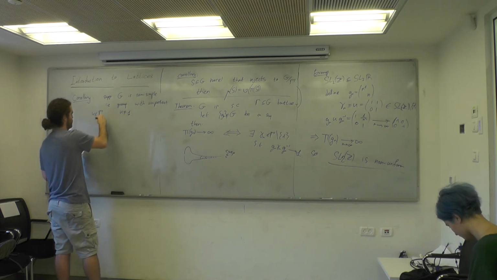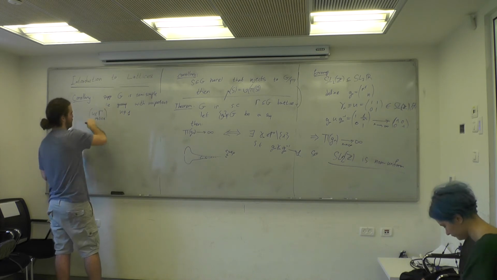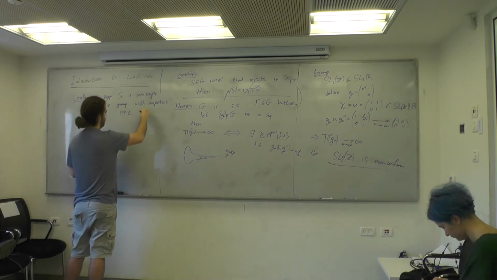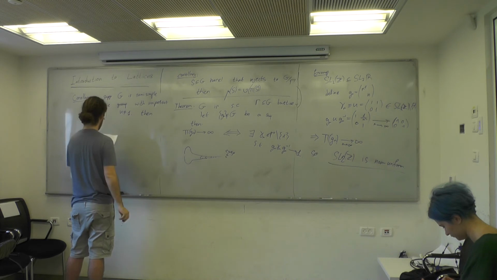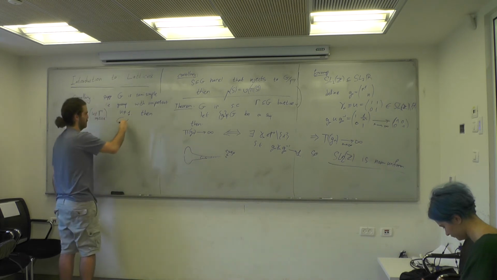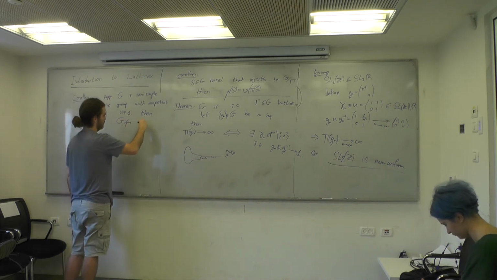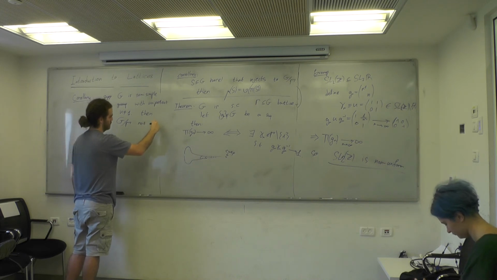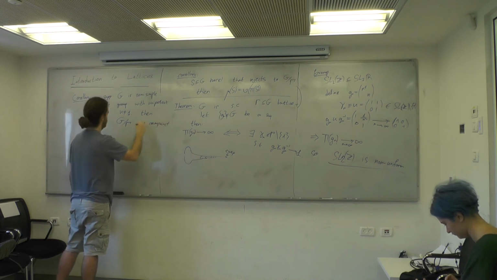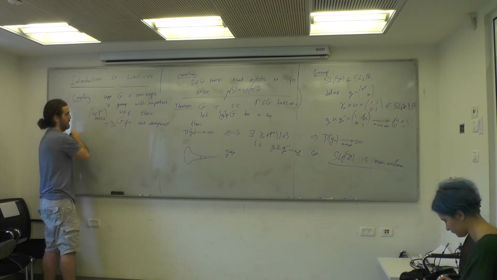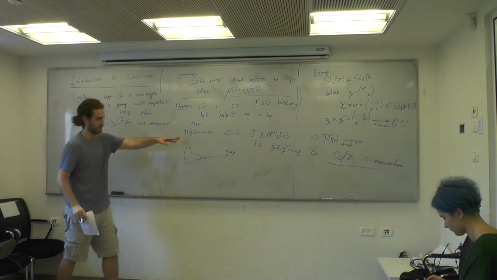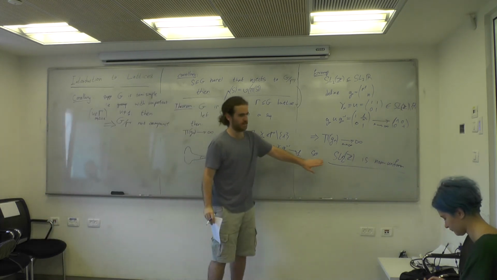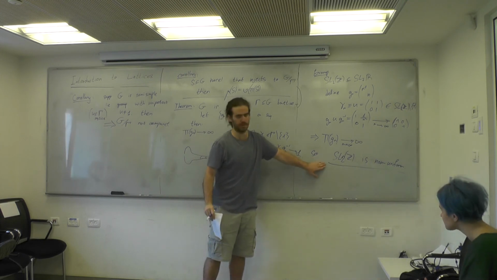Then G mod gamma is not compact. And the reason why is using this example.